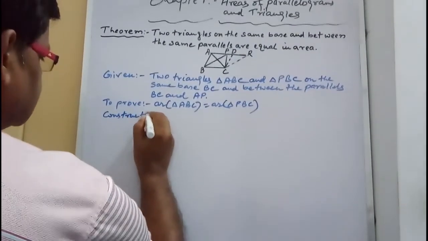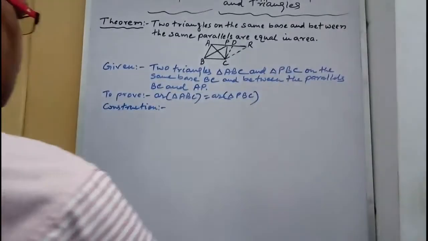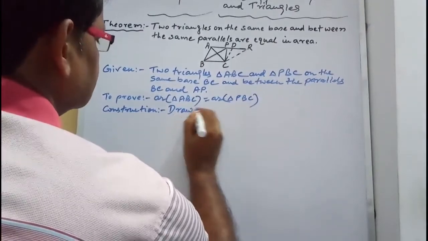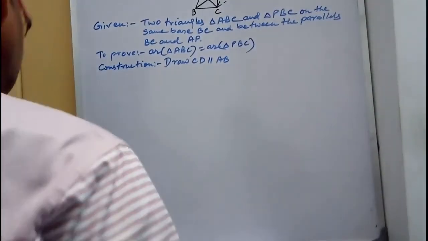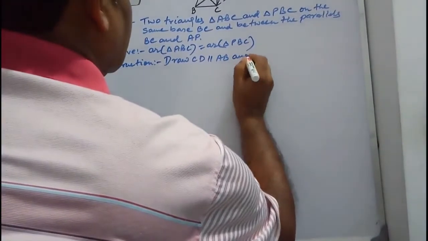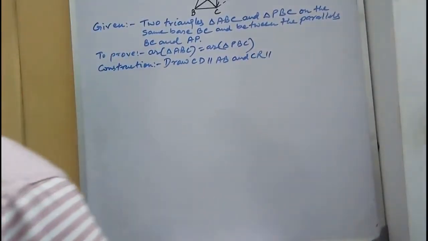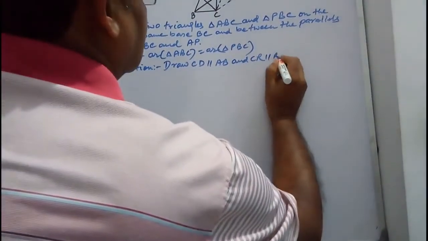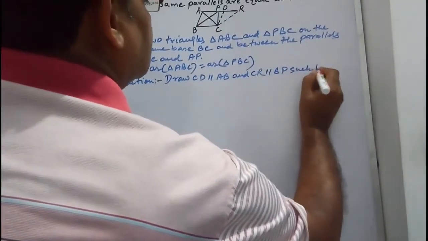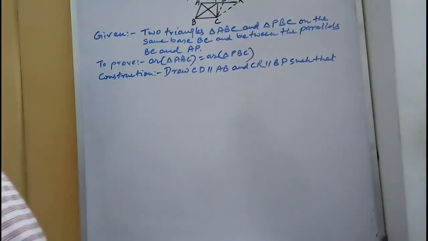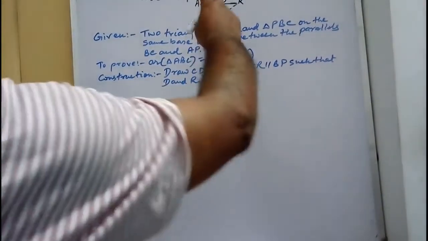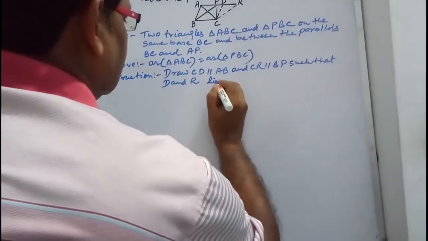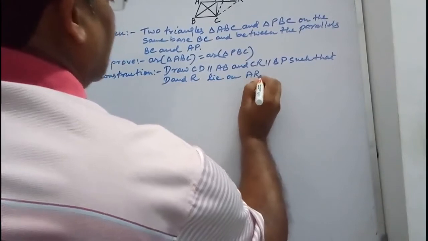Construction: draw CD parallel to AB and CR parallel to BP such that D and R lie on AR.